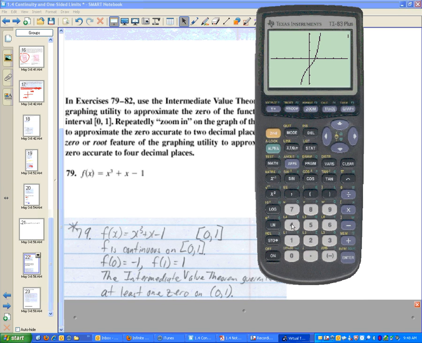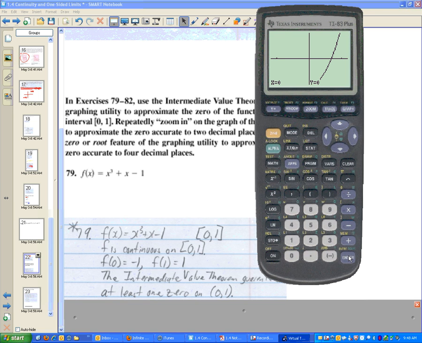We'll graph that. Now our interval is from 0 to 1. So I'm not even sure I know how to use zoom in. I'll see if I do. Zoom in. I don't know, hit enter.